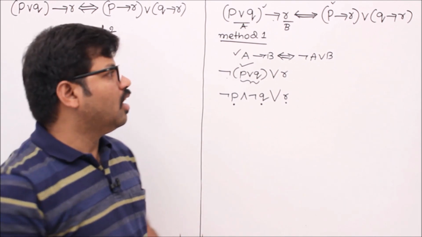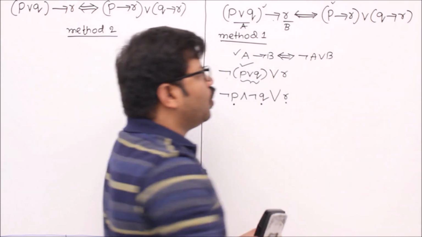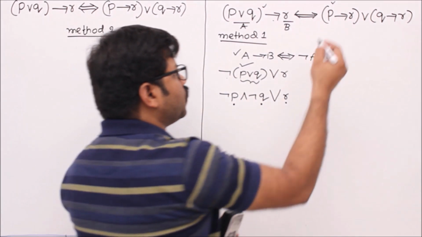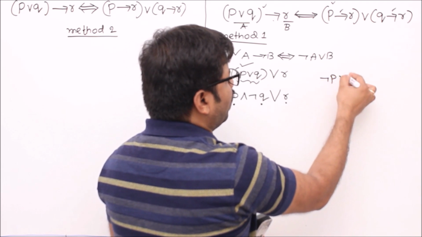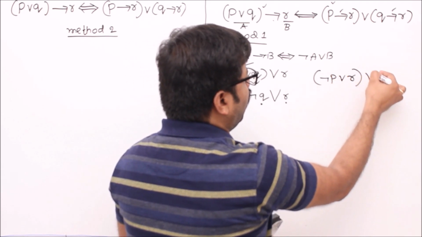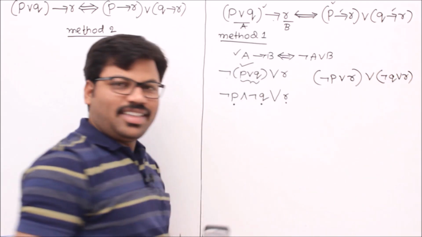Let's leave it. Now go to the second part of the formula, that is P implies R or Q implies R. The first step, as usual, is to remove implication. Then you get negation P or R, or Q implies R, which is nothing but negation Q or R, isn't it?